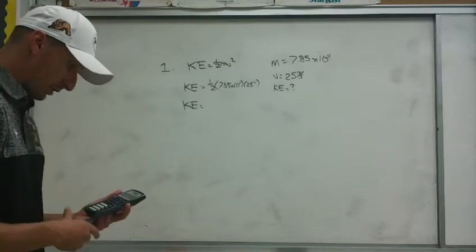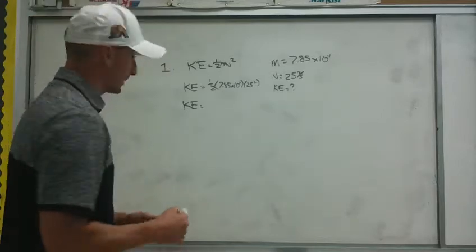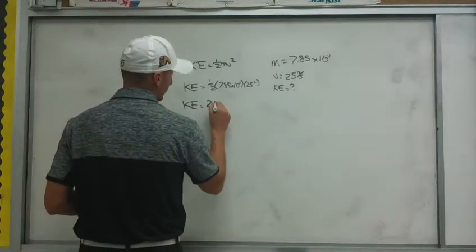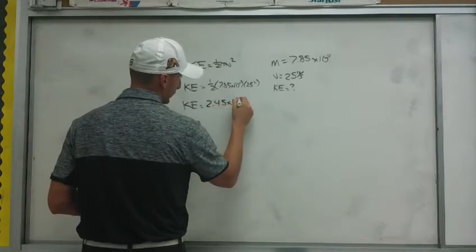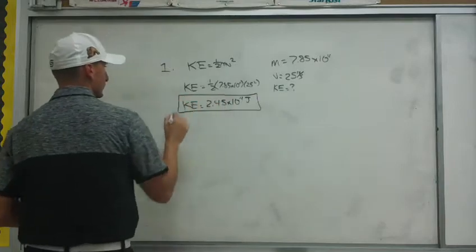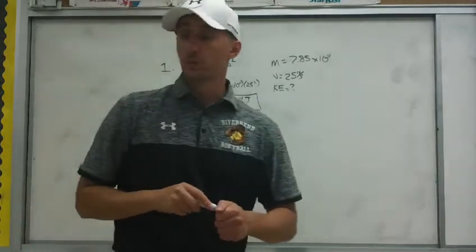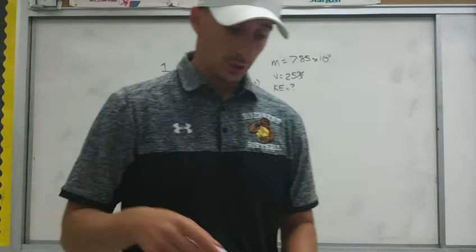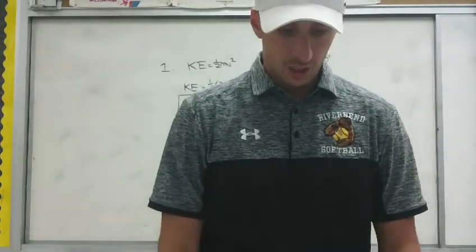And I get 2.45 times 10 to the 14th joules. All right, pretty basic, pretty straightforward. It's just checking to see if you're able to use that kinetic energy equation.